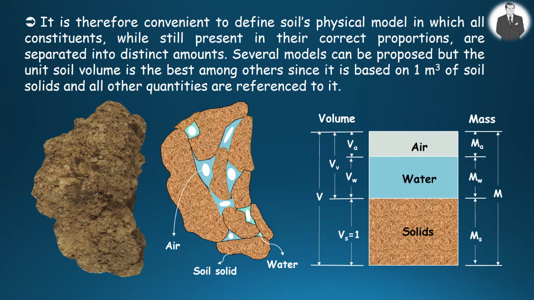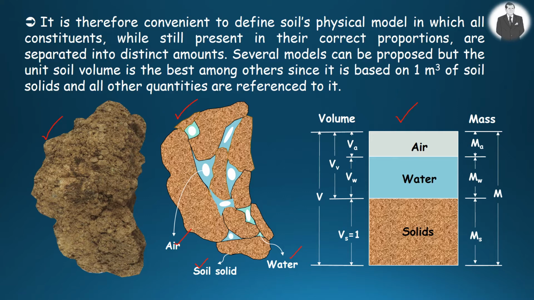On the left-hand side here, you see an actual soil sample. In the middle, a sketch showing the quantities of soil mass, namely air, soil solids, and water. On the right-hand side, a soil physical model where all the quantities are clearly defined.